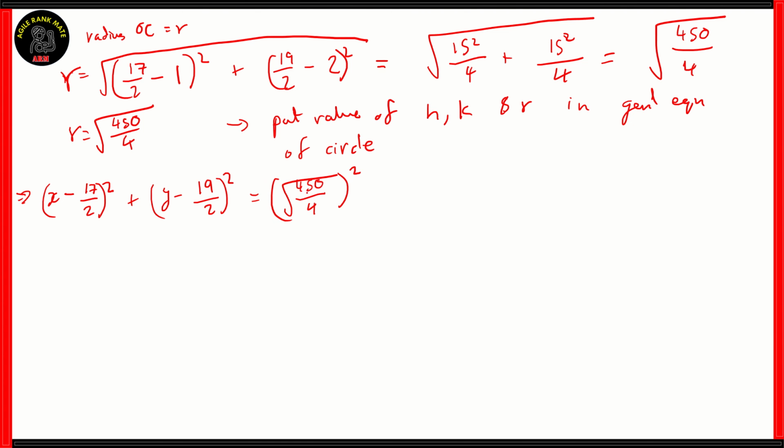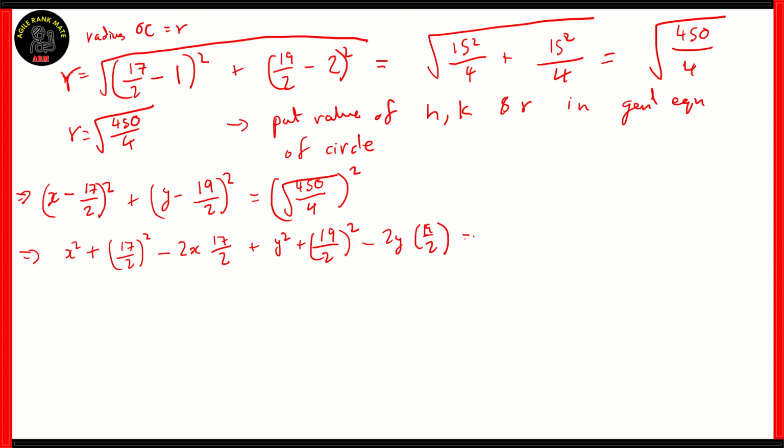So we'll have to expand in terms of a minus b the whole square on the left hand side. The right hand side we can remove the square root. So that becomes x squared plus 17 by 2 the whole squared minus 2x times 17 over 2 plus y squared plus 19 by 2 squared minus 2y times 19 over 2 equals, the right hand side is 450 over 4.